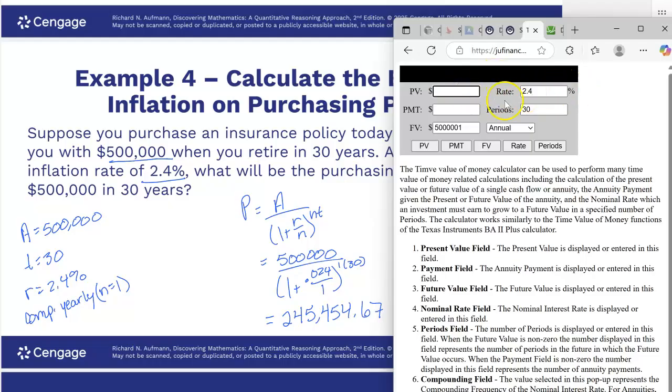We are looking for present value, so I'm going to click that present value button, and there's my amount, 245,000. Oh, hold on 1 minute. Let me try this again. There we go. $245,454.67. You see how that $1 off there changed that extra value changed that.